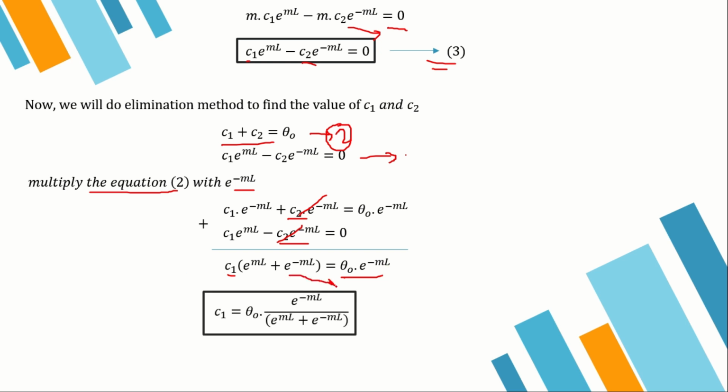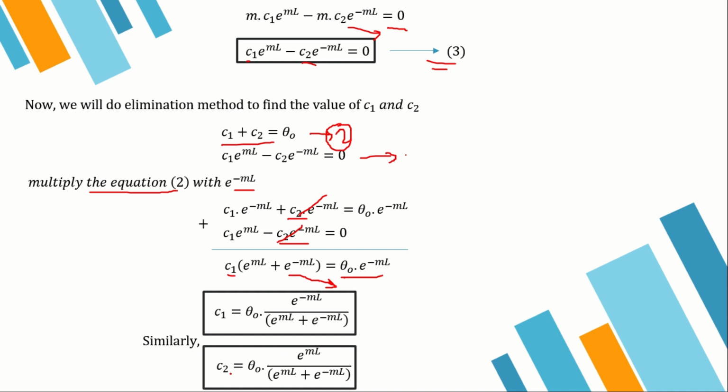This term would move to the denominator, and we can find the value of c1 as θ0 e^(-mL) divided by (e^(mL) plus e^(-mL)). Similarly, we can find the value of c2, which is equal to θ0 e^(mL) divided by (e^(mL) plus e^(-mL)). Let us assume these values of c1 and c2 as equation number 4.